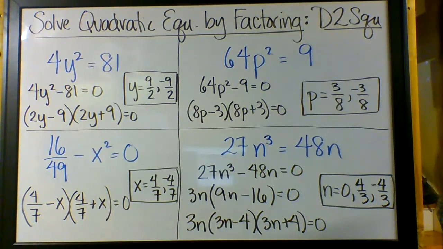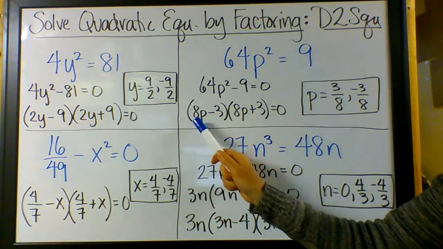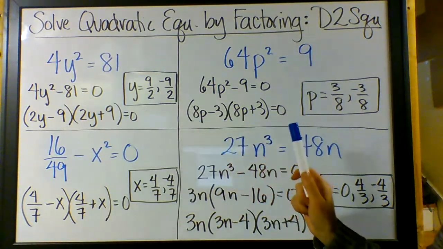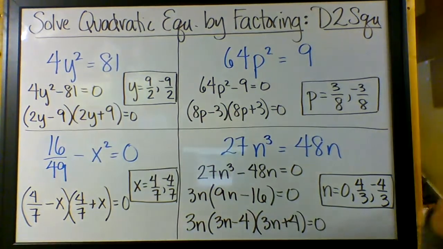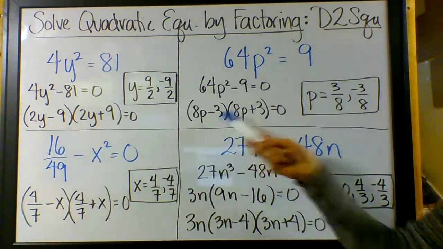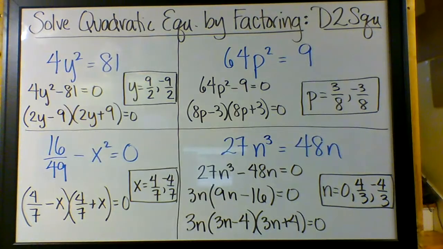Say it. Difference of two squares. Okay, good. It factors to conjugates: 8p minus 3 times 8p plus 3. If I took 8p minus 3 and set it equal to 0, I would find that p could equal 3/8. And from the other factor, p could equal negative 3/8.